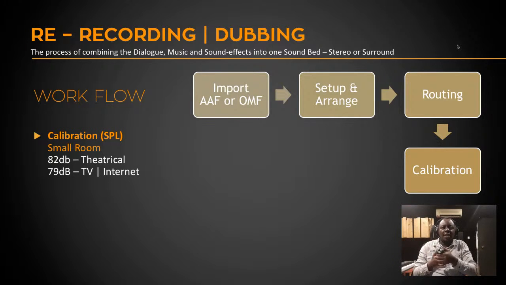Where I'm seated, get your phone or your SPL meter, turn it towards the speaker, and make sure that speaker is reading 82 decibels, or 79 for internet or TV or home entertainment.